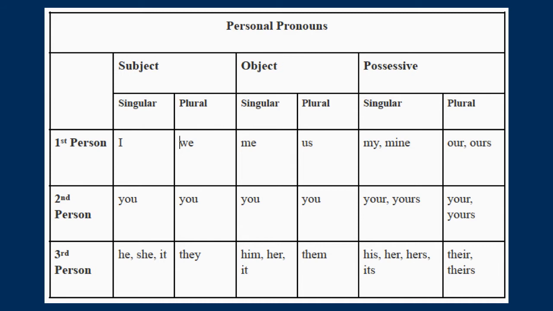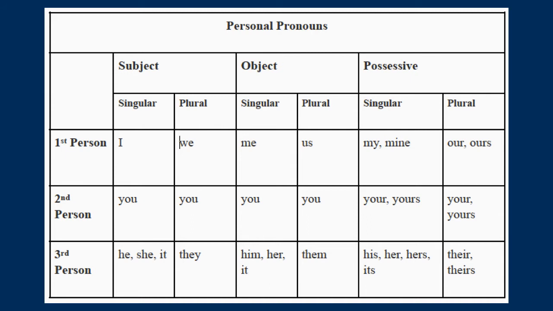First person is I or we, first person pronoun, and in the subject position singular it is I, and in the subject position plural it is we. The same first person in the object position singular it is me, in the object position plural it is us. First person possessive singular is my or mine. First person possessive plural is our or ours.